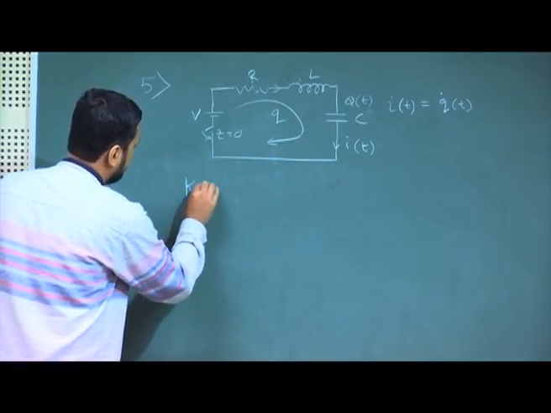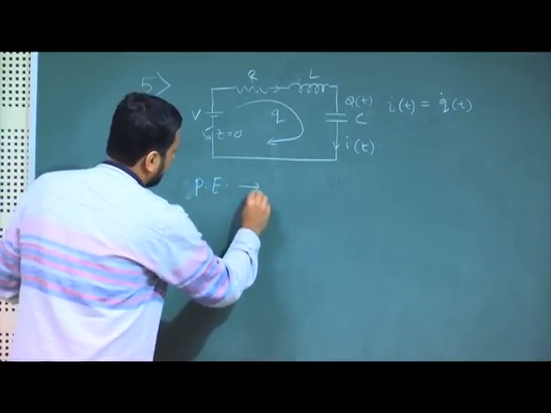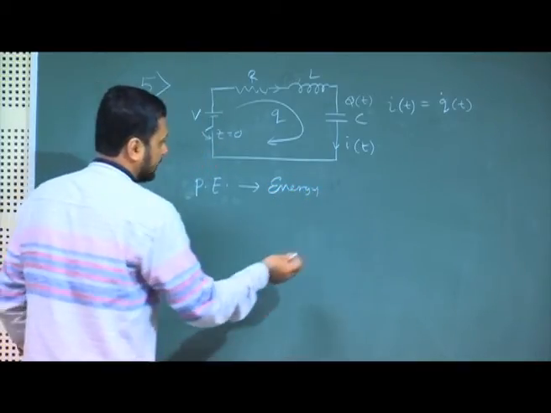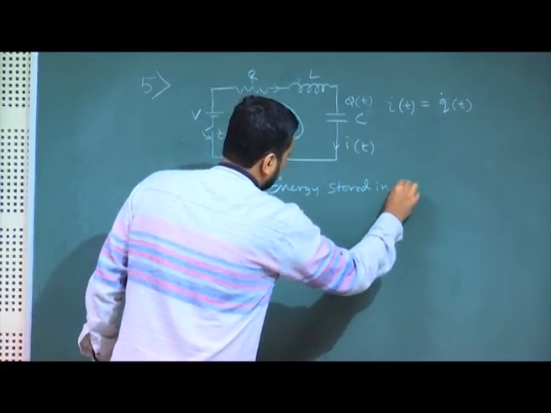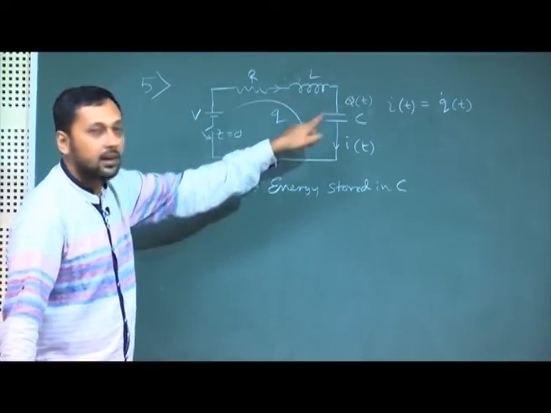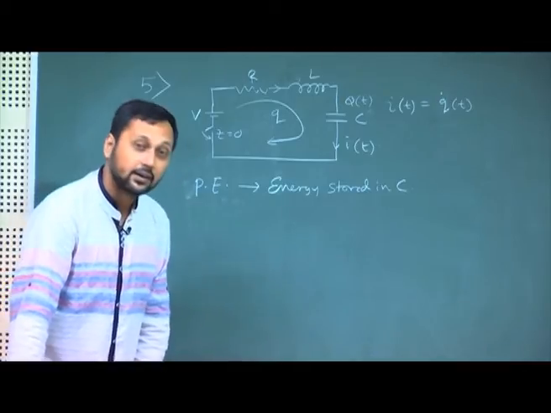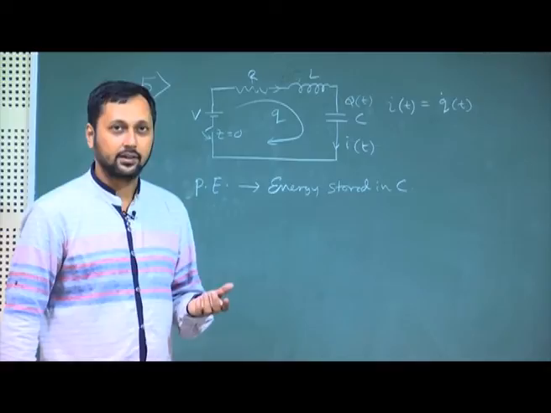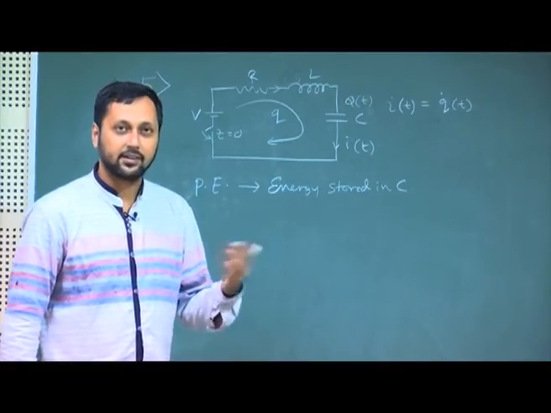So, whatever energy is stored in the capacitor is like a potential energy, energy stored in C. Now, on the other hand, L, what is the effect of inductance in a circuit where there is either no current or where there is a steady current flowing?